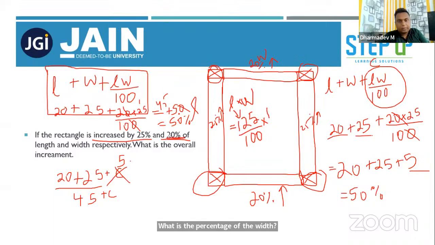Then what is the width in percentage? 120 percentage. That means 120 by 100. Okay, any doubt in this? Applying the formula of area, you're finding the change in the overall increment. That means area. The overall increment means area.